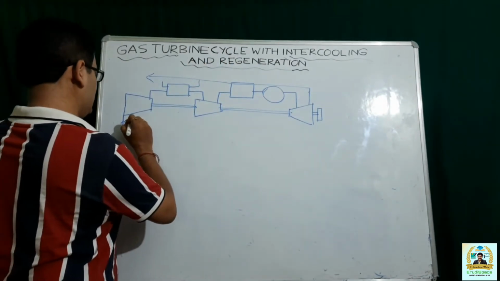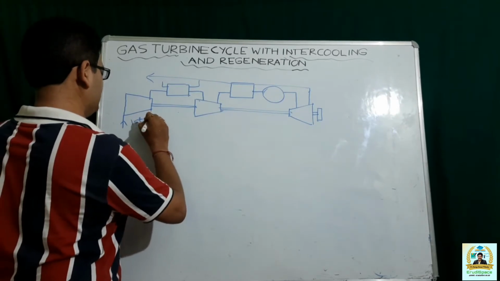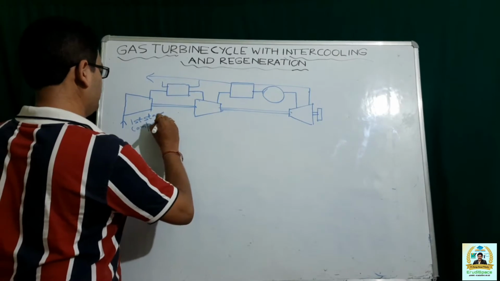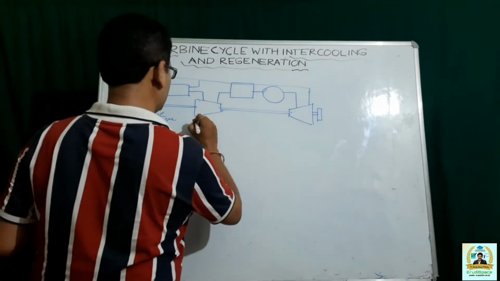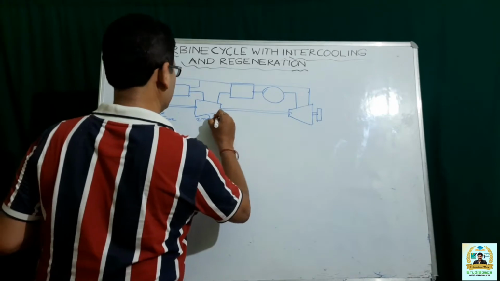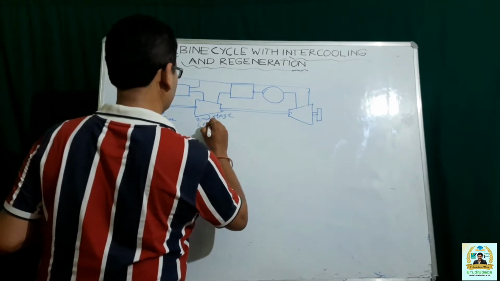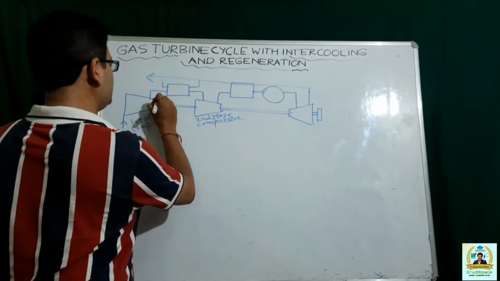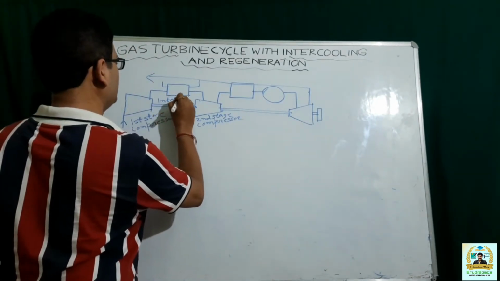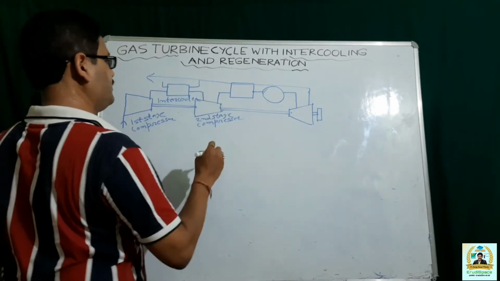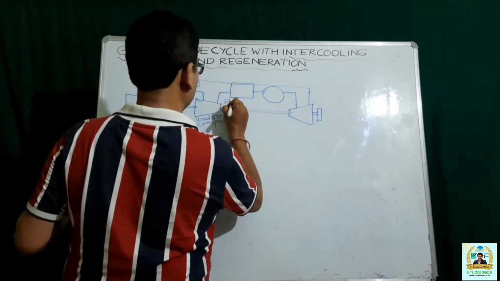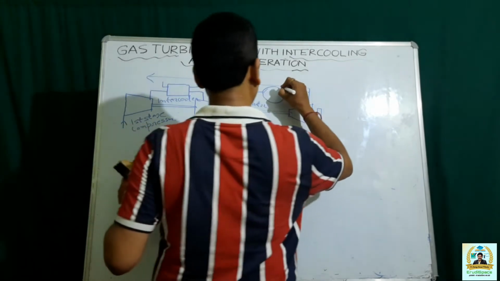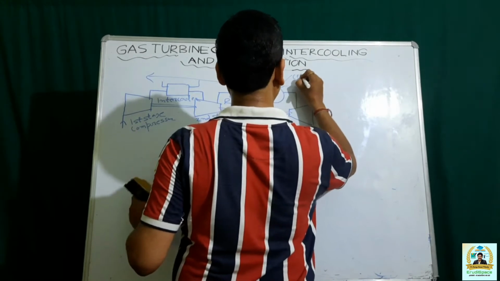So this is the first stage compression. This is the second stage compression. This one is your intercooler. This one is your regenerator. This one is your combustion chamber.